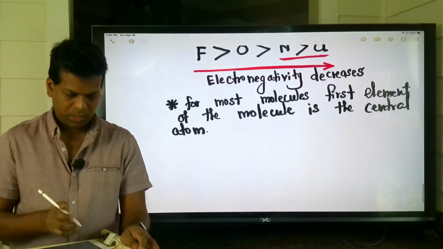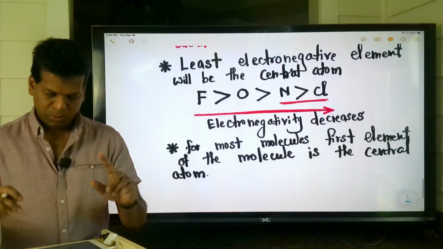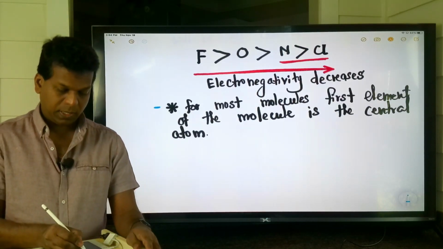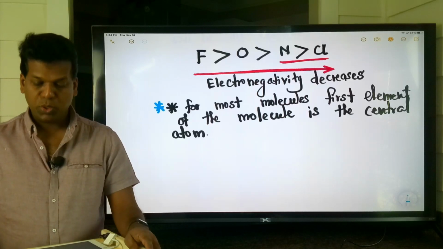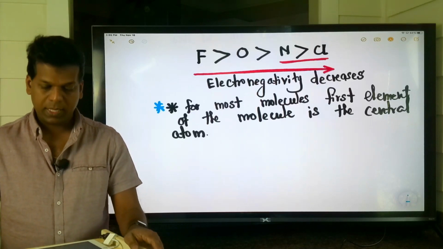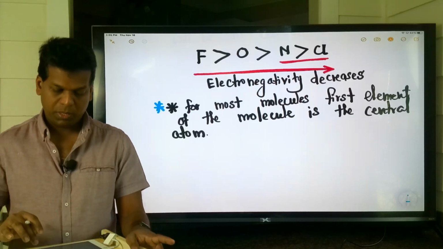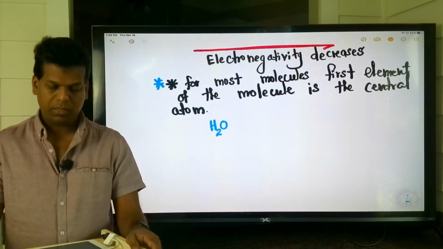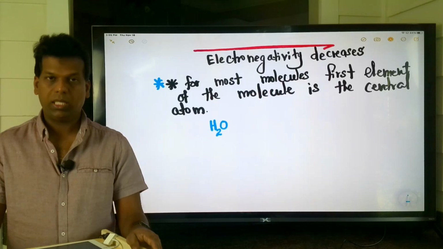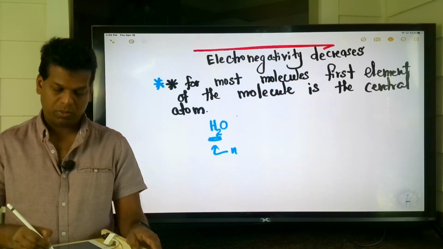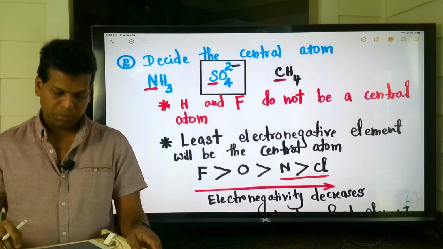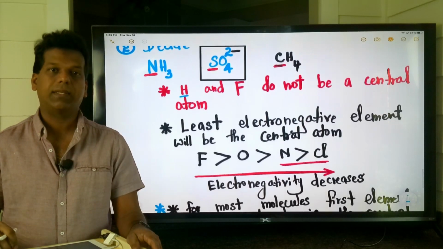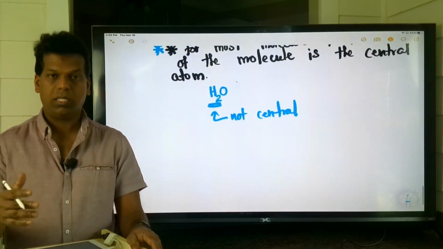Before I move on, I'm saying for most molecules, the first element is the central atom. But if you take a molecule like water, the first element is 2 hydrogens, but they are not the central atom. Remember I mentioned that hydrogen is not going to be the central atom. So for water, oxygen is the central atom.